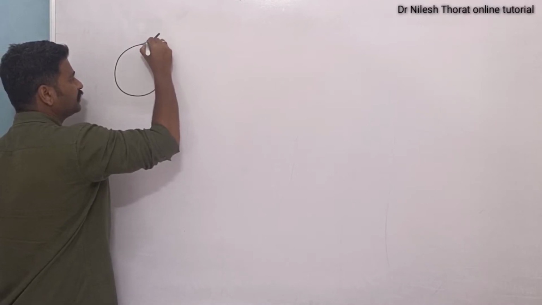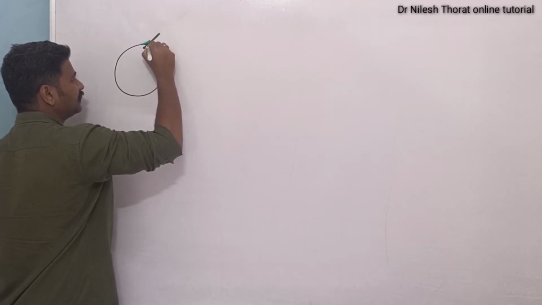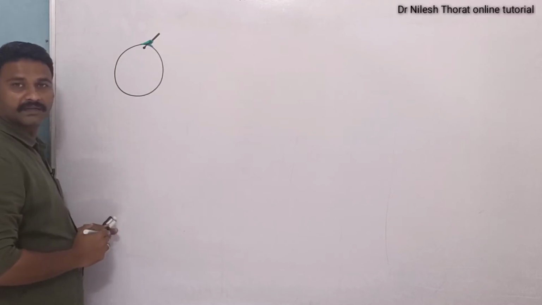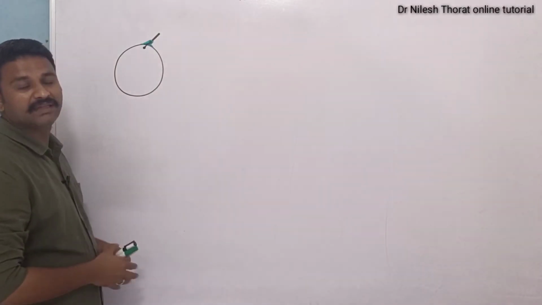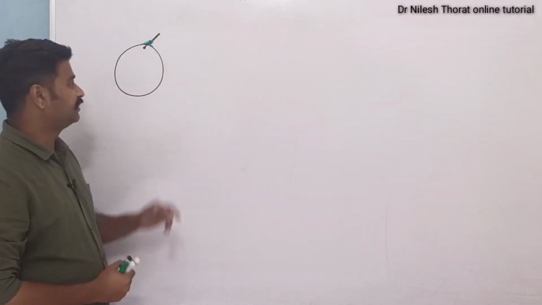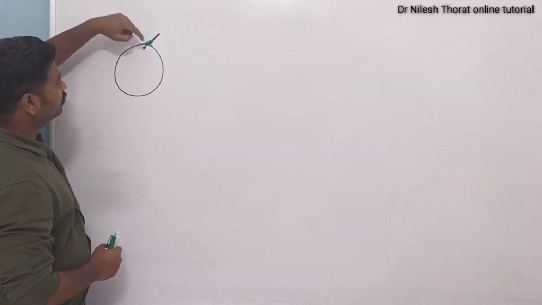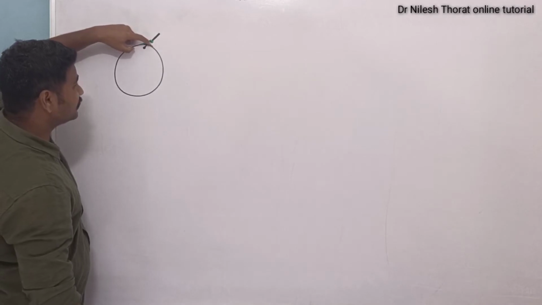So this cell membrane will cover this cilia and flagella up to some distance. Clear? The entire length of cilia and flagella is not covered by cell membrane. It covers the basal part of the cilia and flagella, and we are taking a cross section at this level.